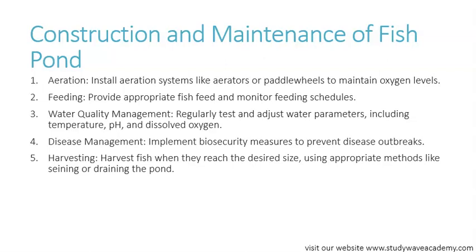We said all that, right? Then we looked at steps in establishing a fish pond. We said digging the pond, building walls, setting up water inlets and outlets, filling and sealing the pond, managing water quality and adding nutrients. We said all that.